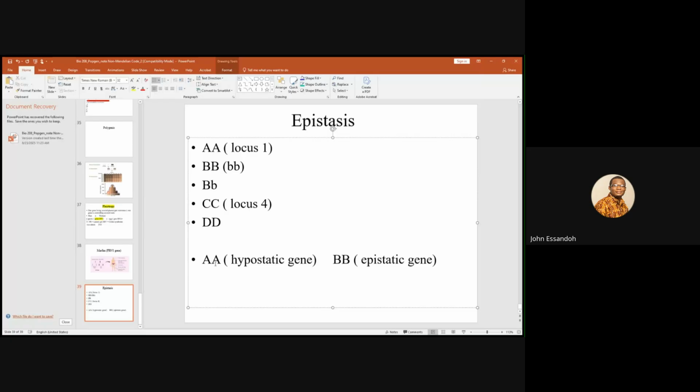That phenomenon is called epistasis. Epistasis is whereby a pair of alleles in another locus mask the expression of another allele in another locus.